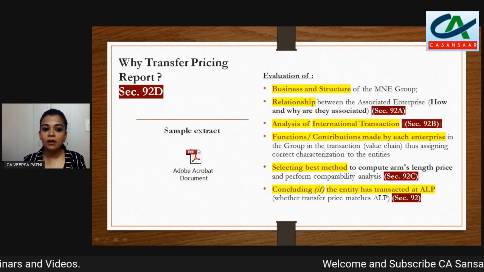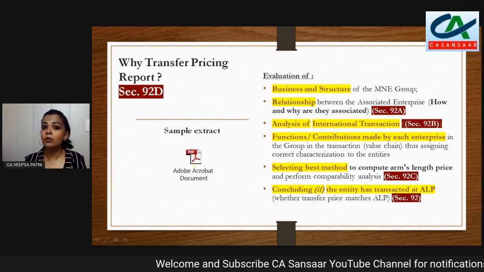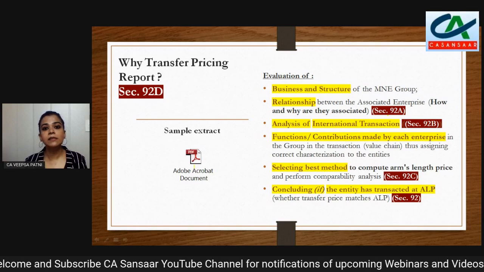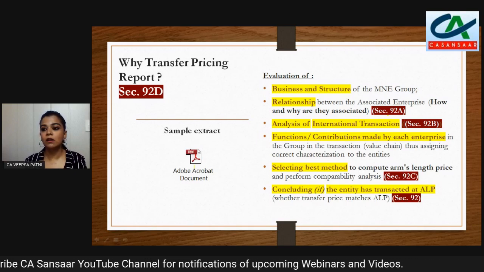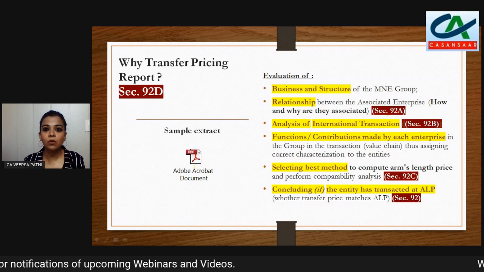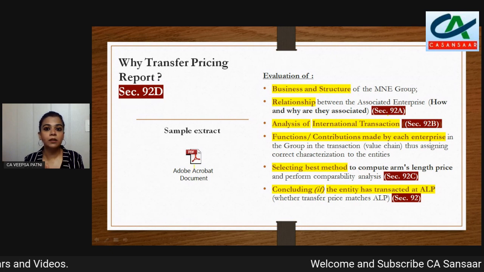We, as consultants, are not allowed to, and shouldn't ever, disclose any client's transfer pricing report, because there are so many intricate nitty-gritties and detailed evaluations involved regarding a business.